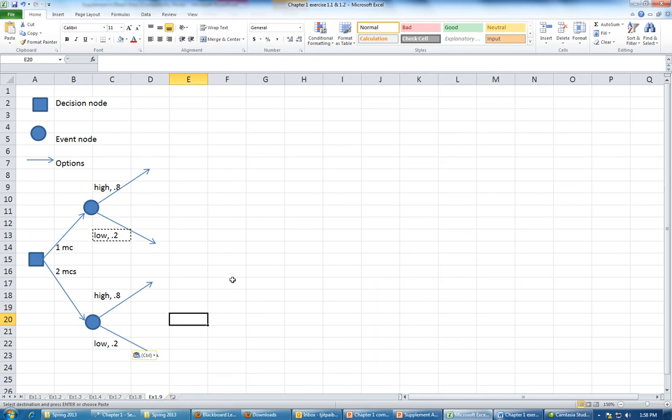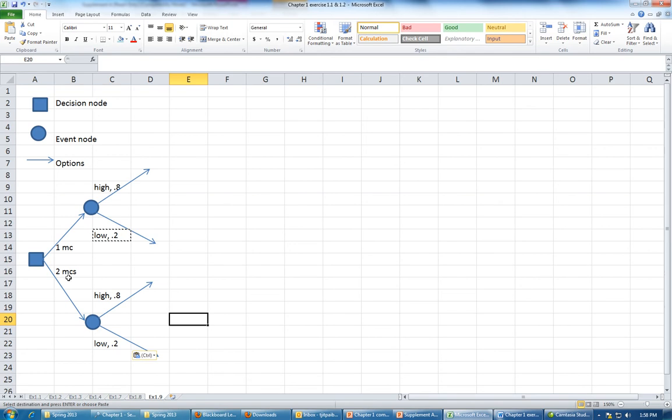Okay. Next we're going to put in all the payoffs. The probability of low demand is 0.2. The first paragraph, the last sentence, says that the net present value of the benefit of purchasing the two machines together is 90,000 if demand is low.